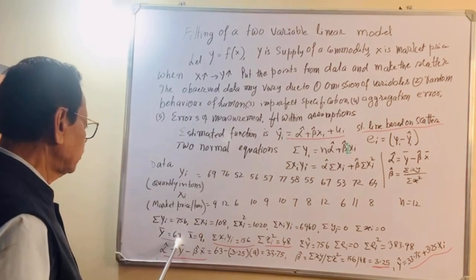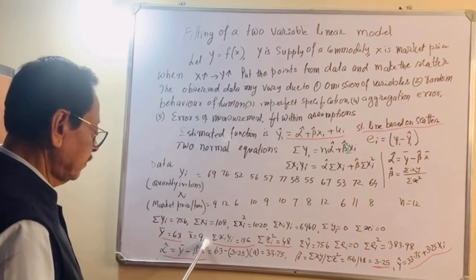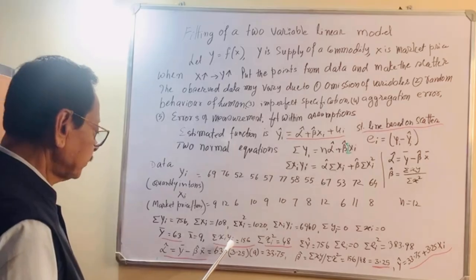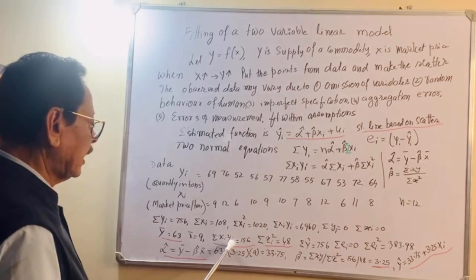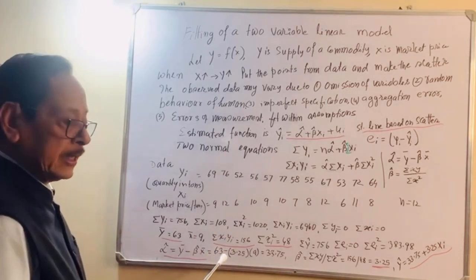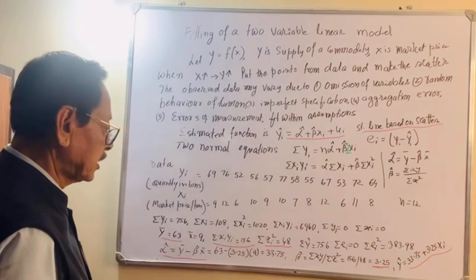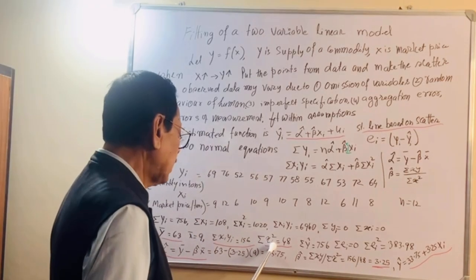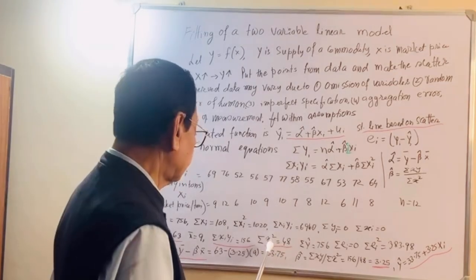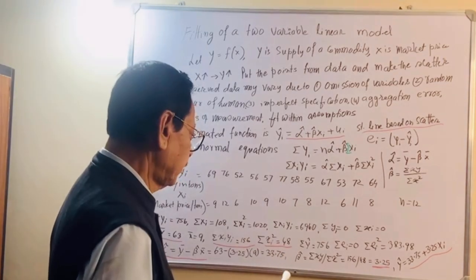So y bar is equal to this, x bar is equal to 9, and summation xi yi, that means deviated x, deviated y, multiplied and summed up, is 156. Then sum of the square of the deviated term is 48.